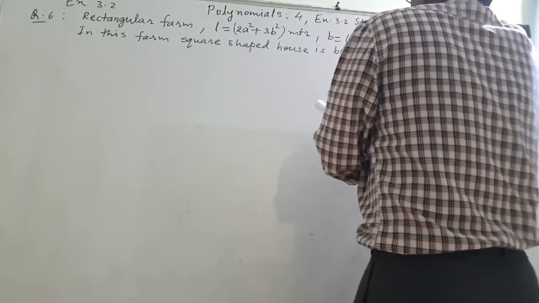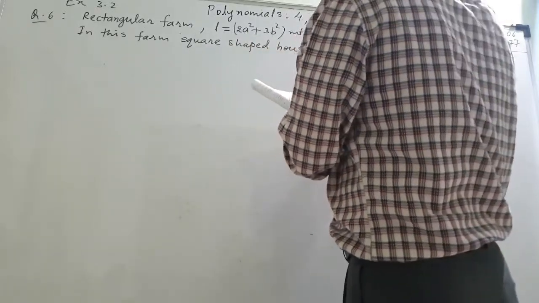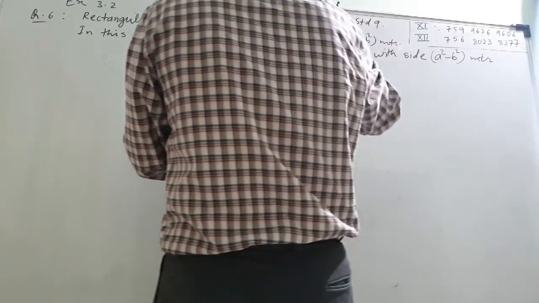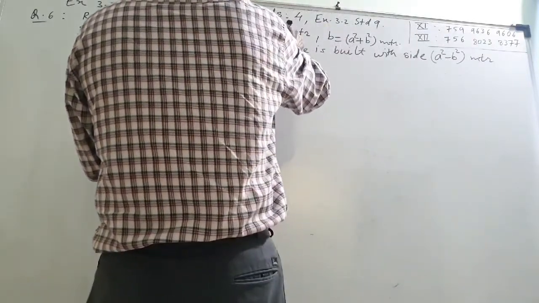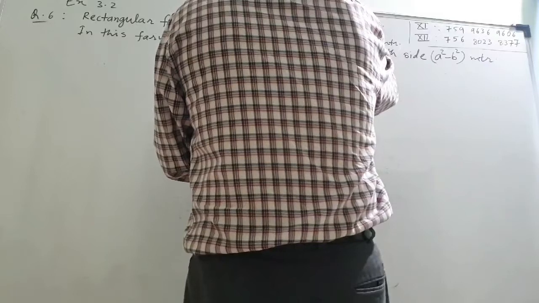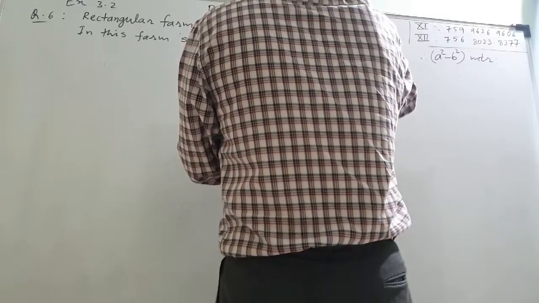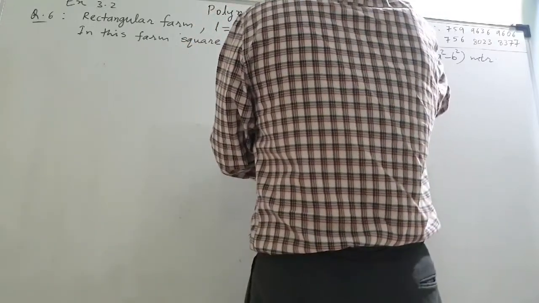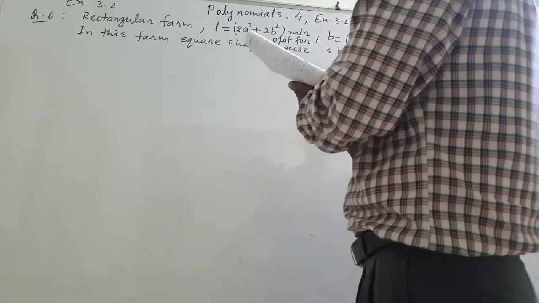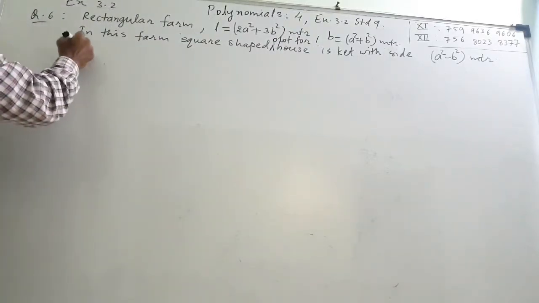So in this farm, a square shaped plot is kept reserved for the house with this side. What is the area of the remaining part of the farm?